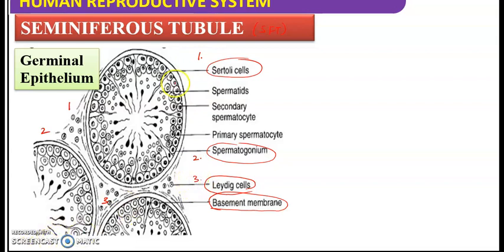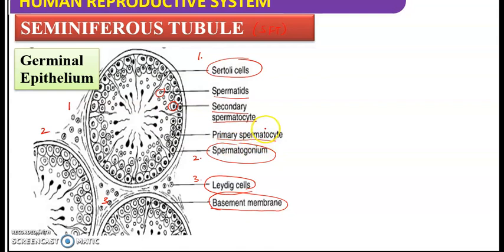But in this diagram, along with them, you can see structures like this which are called spermatids. Then you can see other big cells present near the epithelium called the secondary spermatocyte, and the layer near the spermatogonium which is called the primary spermatocyte.